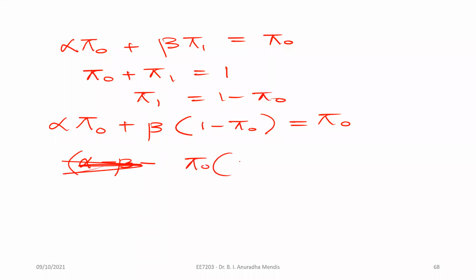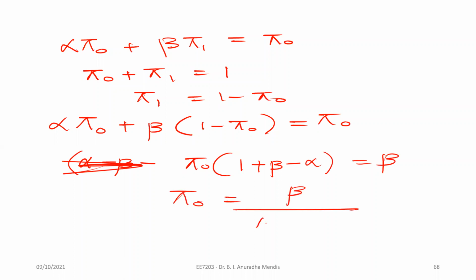Then phi naught (1 plus beta minus alpha) equals beta. Then phi naught is equal to beta divided by (1 plus beta minus alpha). So this is phi naught.